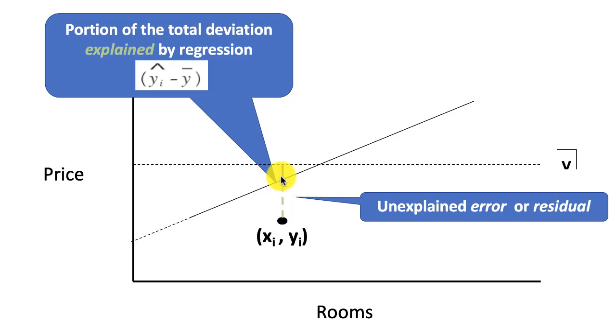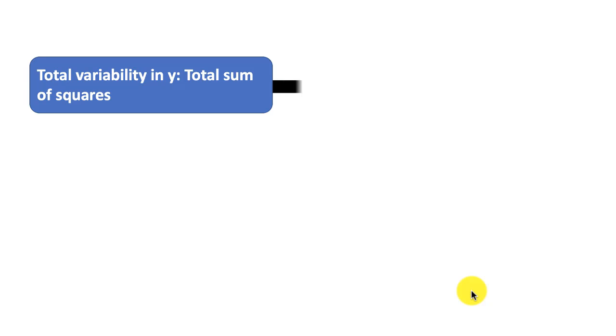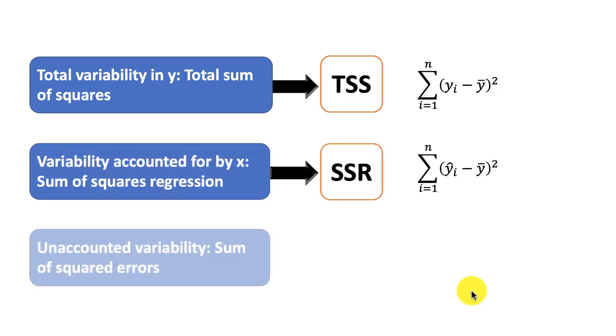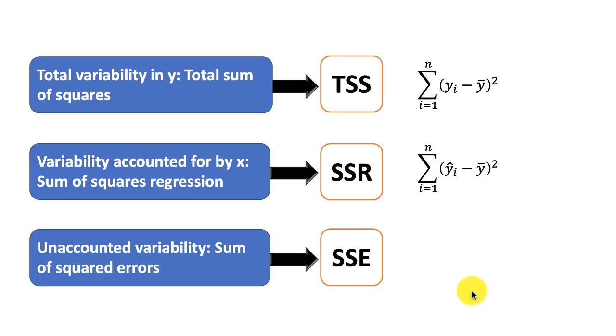This much is the variation that is not explained by the regression. So this is your sum of squared regression, and this is the residual sum of squares, the sum of squared errors.